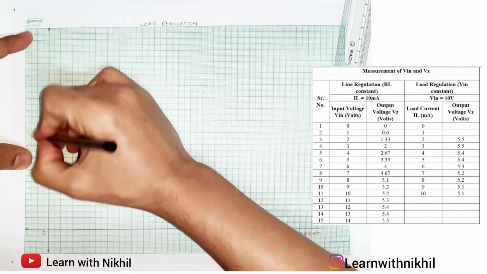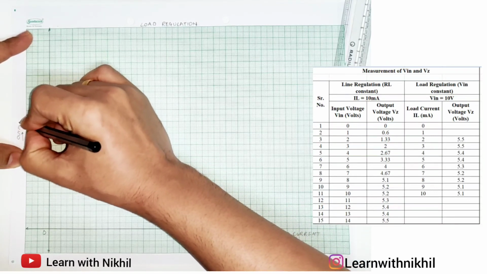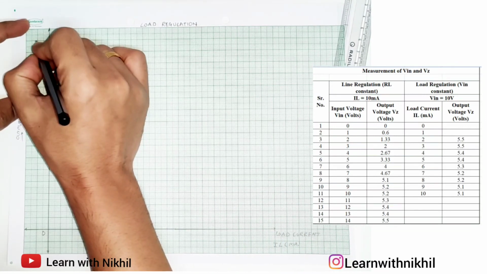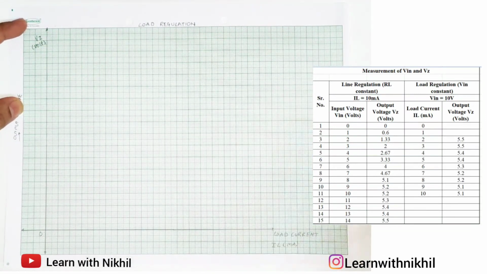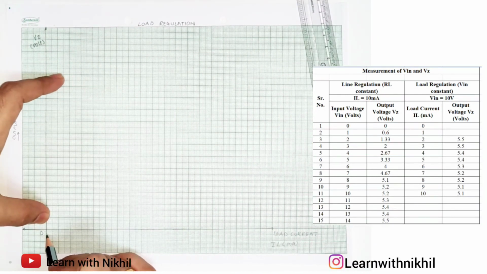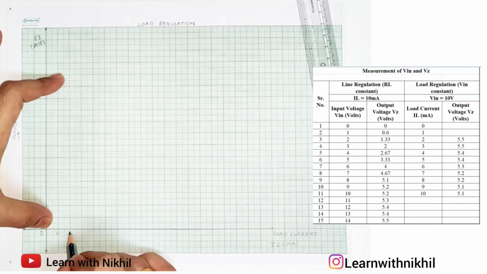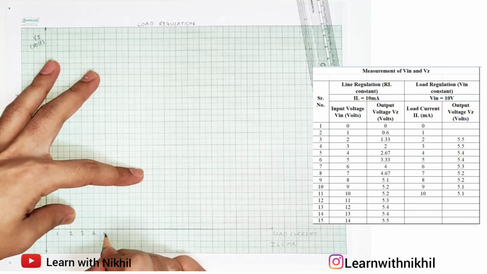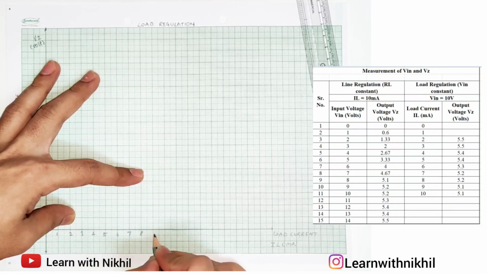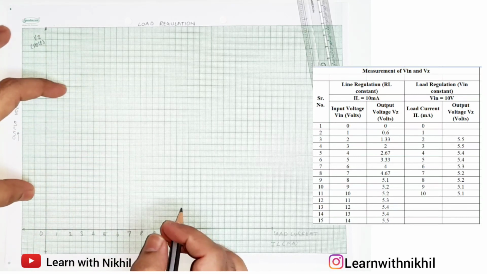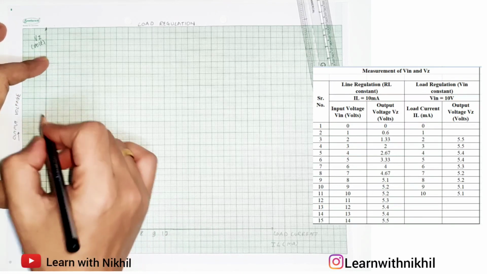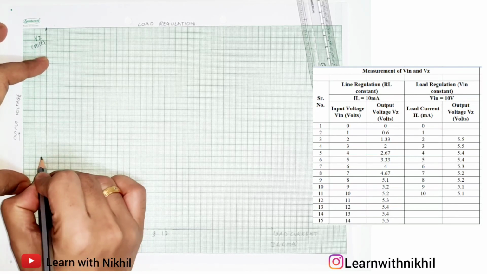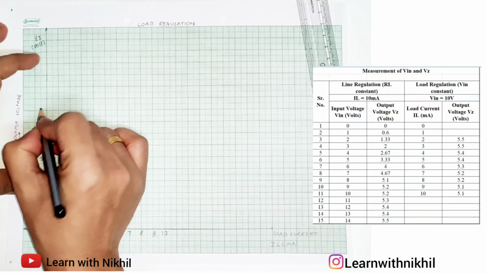And on the y-axis, we are considering output voltage, that is Vz, also called the output across Zener. Now we'll start marking the points. On the x-axis, 1 centimeter is equal to 1 milliampere, so 0, 1, 2, 3, 4 till 10. And on the y-axis again 2 centimeter will be 1 volt. So here I'll mark 1 volt, 2 volts, 3, 4, 5 and 6.